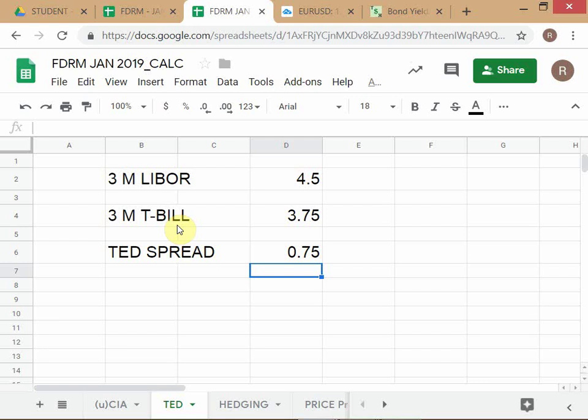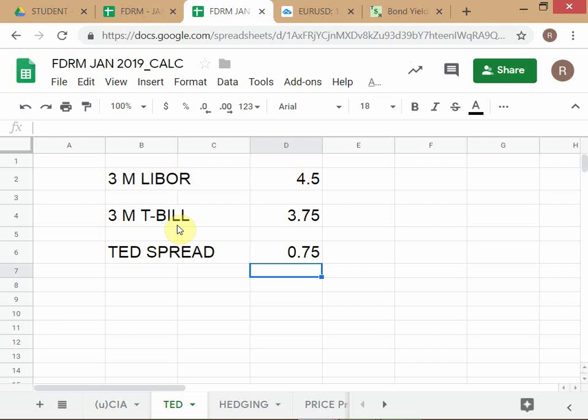If the grade of credit is worse, that means the credit risk is higher. So risk and return go together, and the market should expect a higher return. Therefore theoretically the euro dollar deposit yield should be higher than the 3-month treasury bill yield.